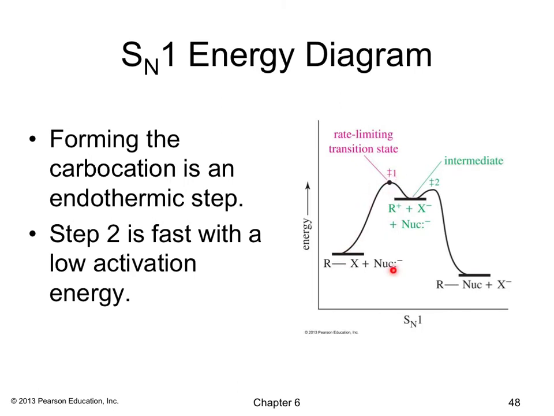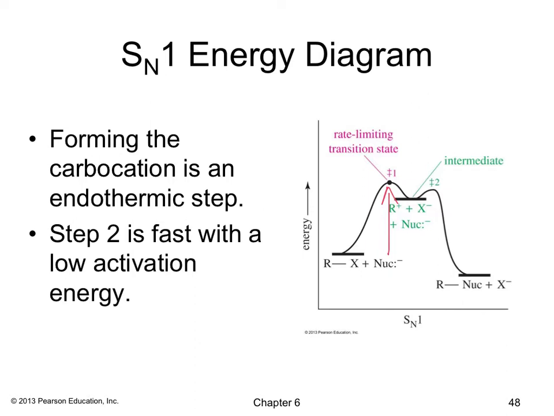Here you have a big energy of activation, right? I can draw it out here, from your starting material to that first transition state. Again, these transition states are marked with a double dagger. This is labeled transition state 1.